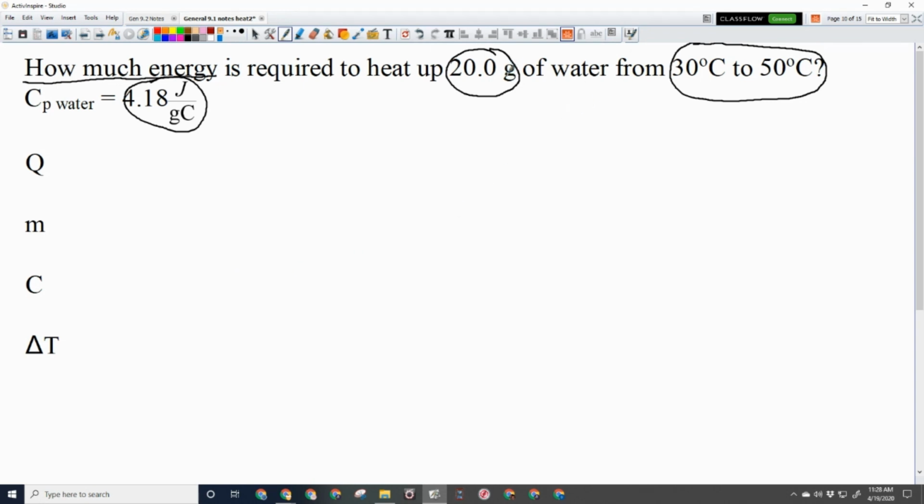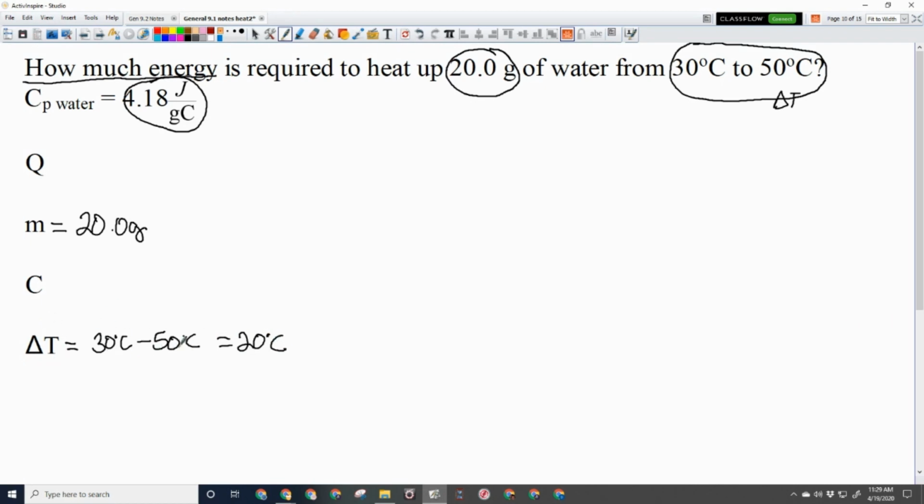How much energy? All right, so let's list out what we're given here. 20 grams. Grams is a mass, so I'm looking for my M. Here it is, 20 grams of water from 30 degrees to 50 degrees. So this is a change in temperature. I know change in temperature is delta T, so I'm going to look at a delta T. Now you can either write 30 to 50, or if it's something like this, where you can do this in your head, you know that the delta T is equal to 20 degrees Celsius, the change in temperature.